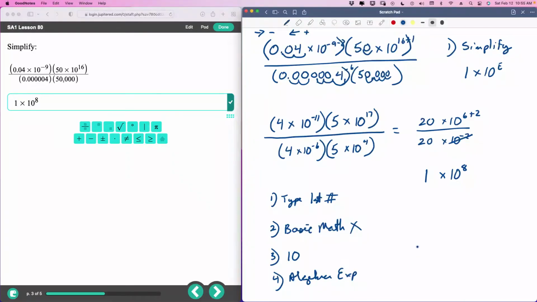Do not put any spaces between these. The spaces automatically appear when you click on that exponent button. It's going to automatically set it up. So don't put any spaces between them.